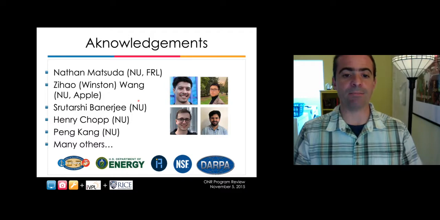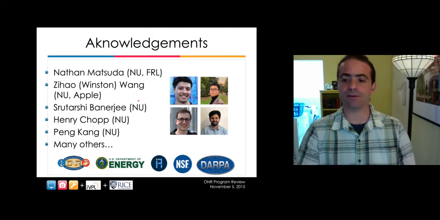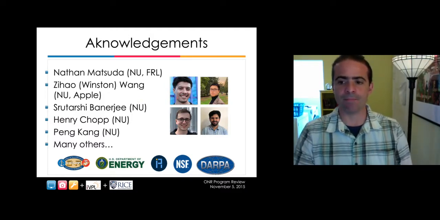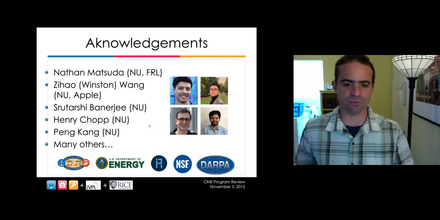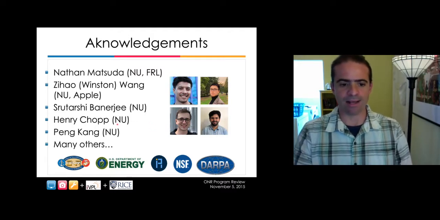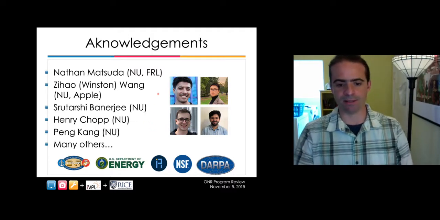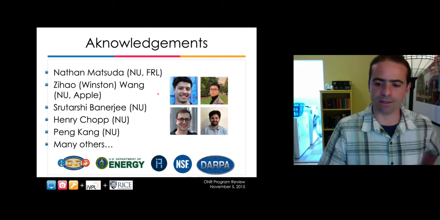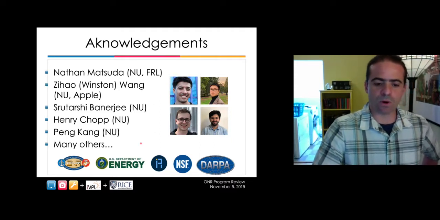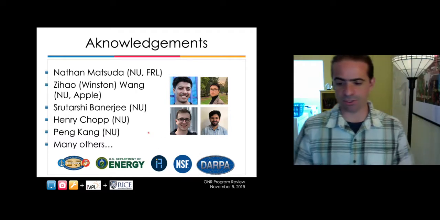Winston Wang, who graduated last year, is now at Apple. Then Henry Chop and Shrutarshi Banerjee are PhD students in the IVPL lab. I'm also showing a little bit of work from Peng Kang right at the end of the talk. Most of the work was funded by DARPA, although there are little sprinklings of work from a couple of other agencies as well.